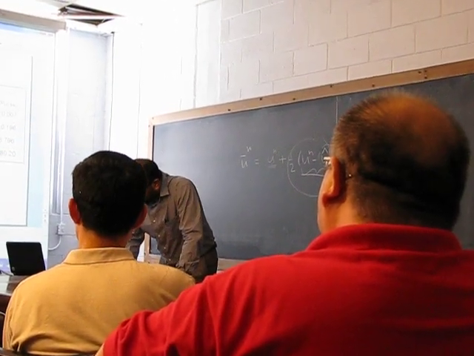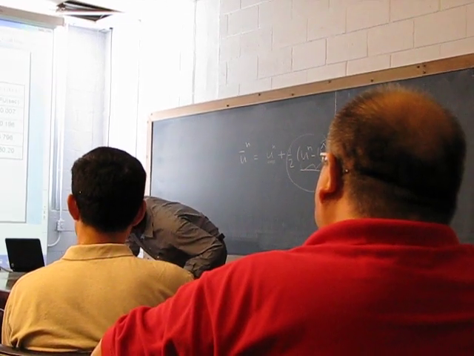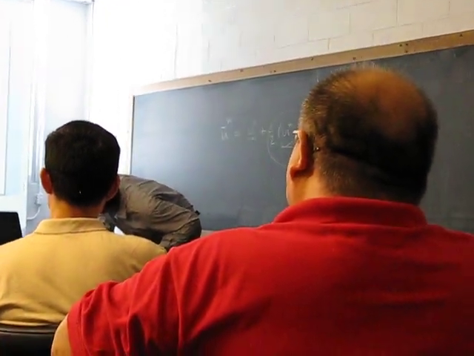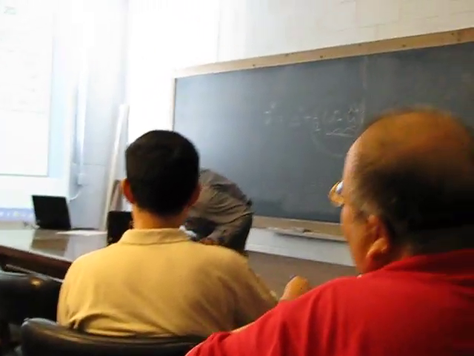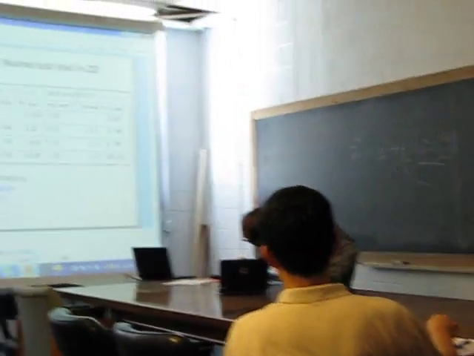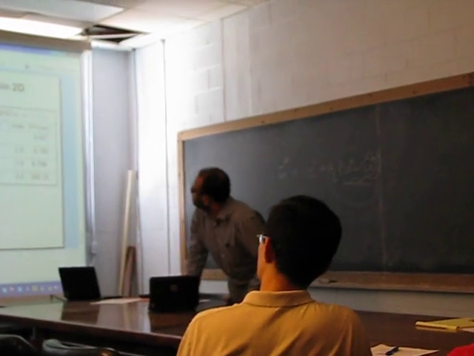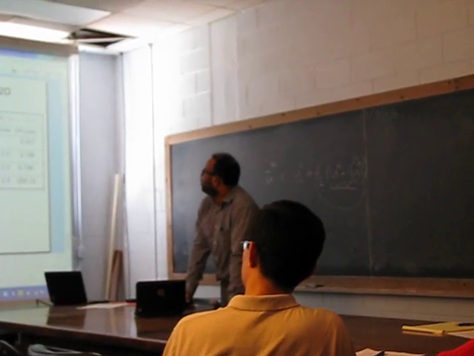Why does the error increase for the 40 by 40 grid size? Again, why is the error larger than the grid size of 40 by 30? I expected it to decrease.